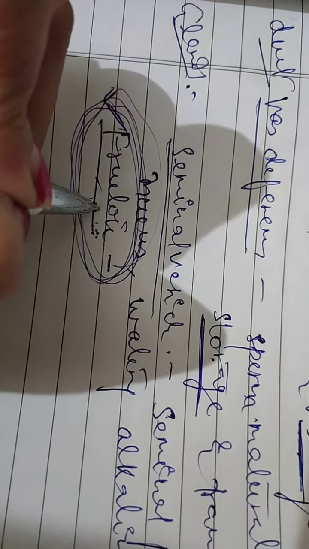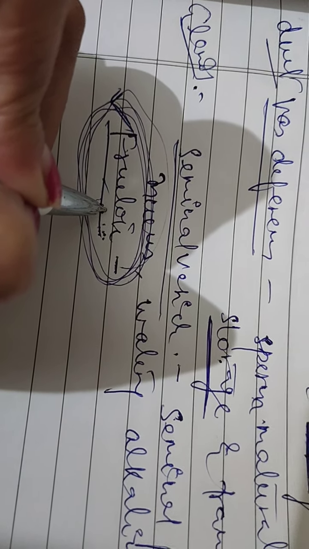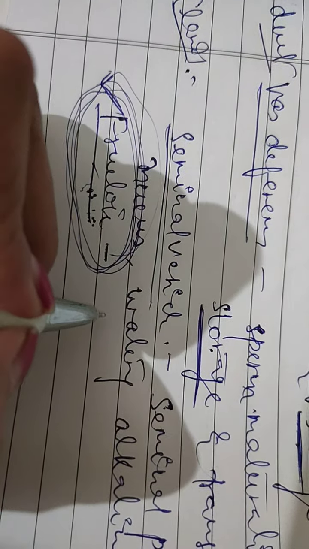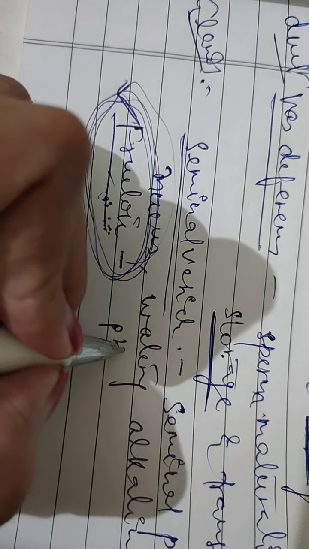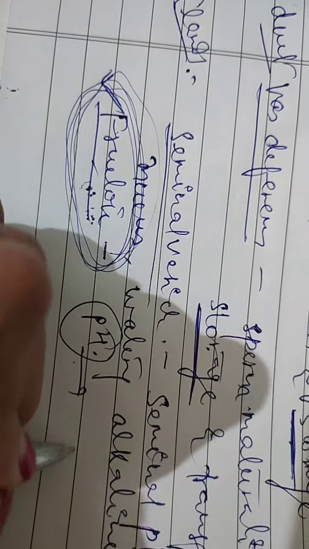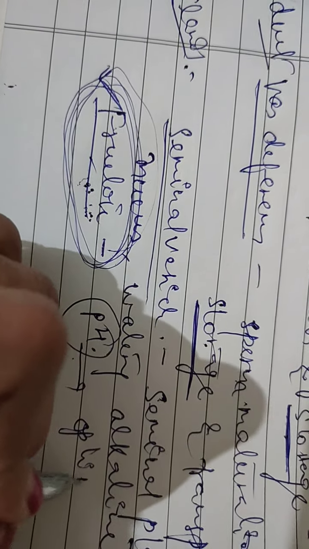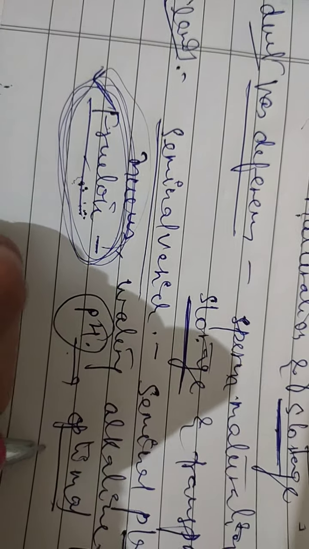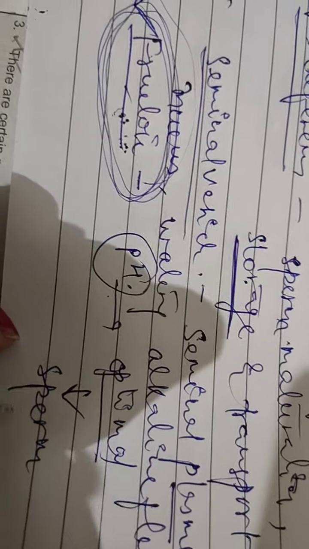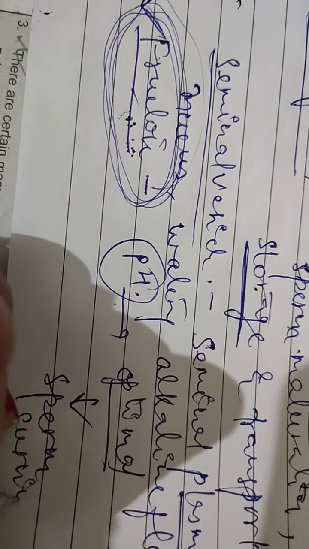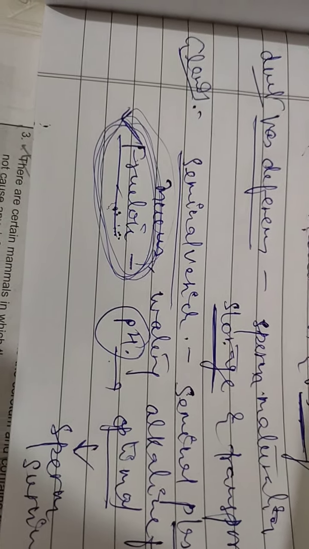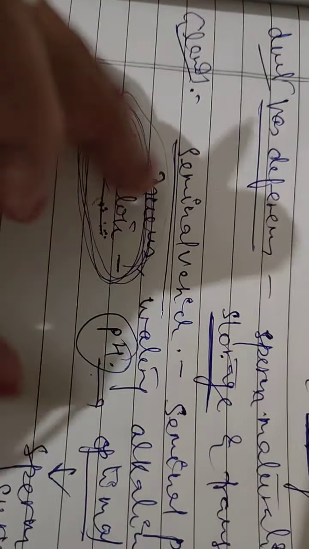So it provides energy for the sperms, and also its secretion maintains optimal pH. It provides optimal pH for what? For sperm survival.